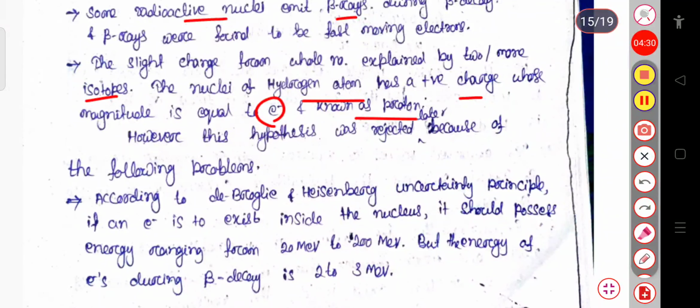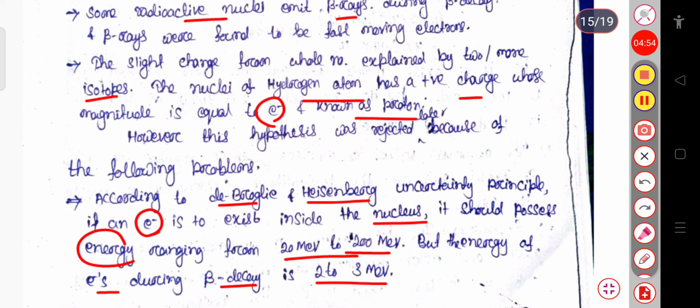What are the failures of this hypothesis? According to de Broglie and the Heisenberg uncertainty principle, if an electron is to exist inside the nucleus, it should possess energy ranging from 20 MeV to 200 MeV. But the energy of the electron during beta decay is 2 to 3 MeV.